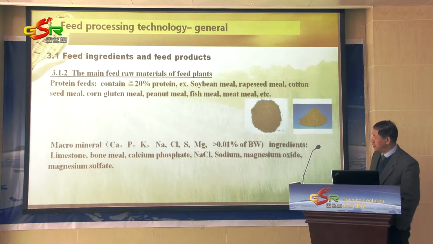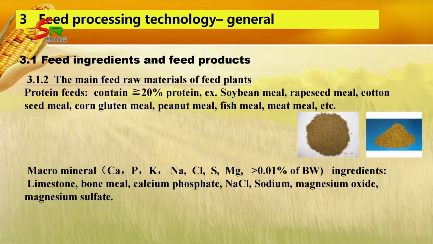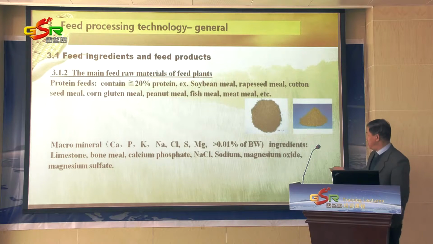All these minerals in the animal body have a content larger than 0.01%. And among these ingredients, limestone, bone meal, calcium phosphate, salt, sodium, magnesium oxide, and magnesium sulfate are the main ingredients.